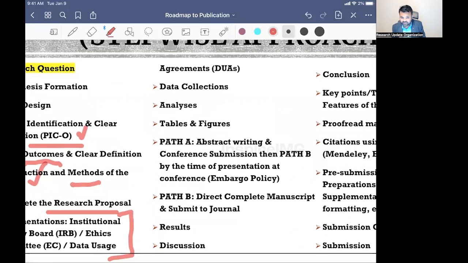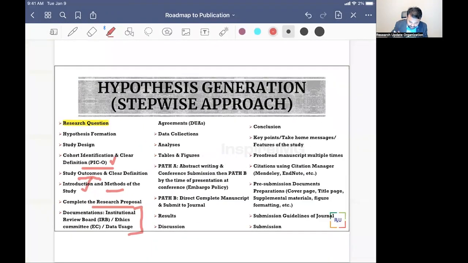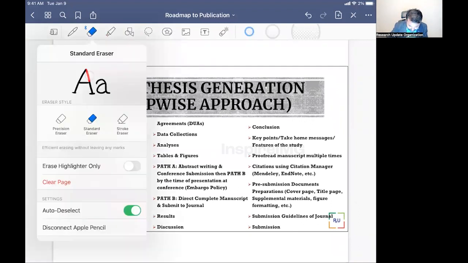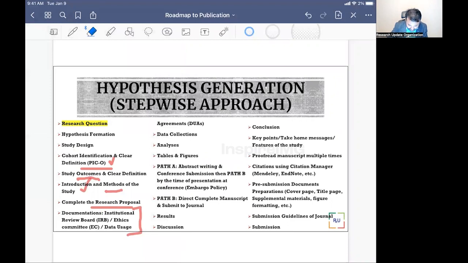Once everything is done, then data collection starts. Now the issue is data collection is a very complicated process. It takes a really long time to finish, especially in many of the developing world where data is not collected using electronic health records or electronic data.